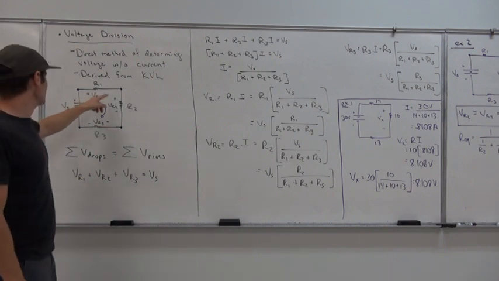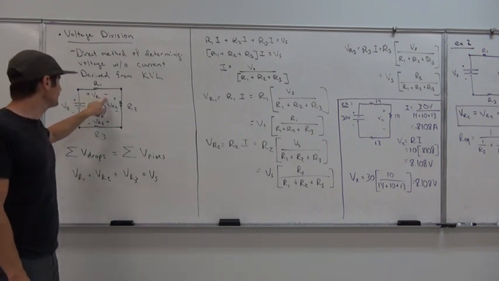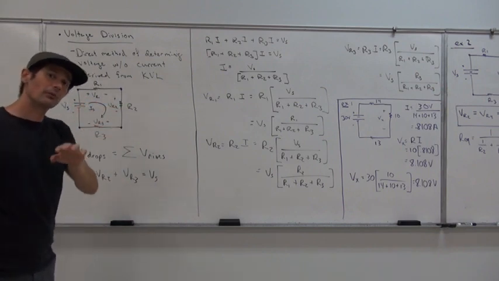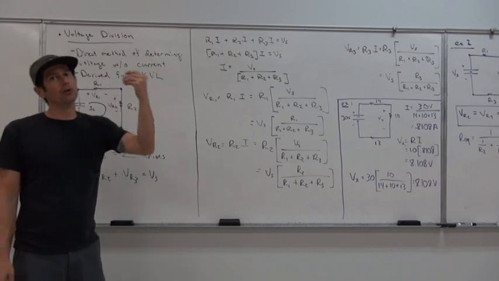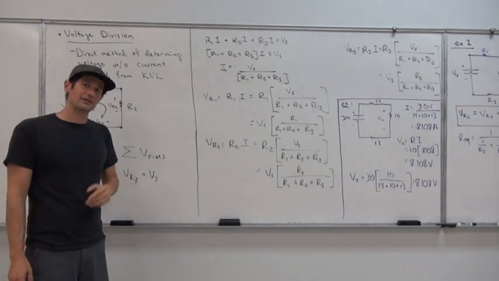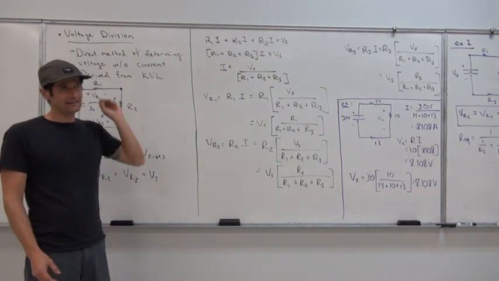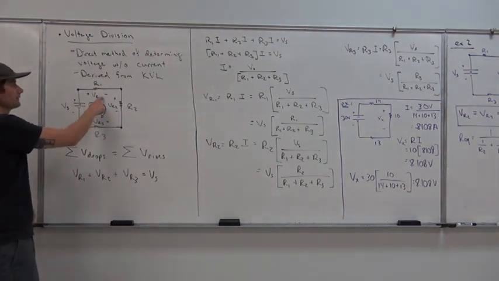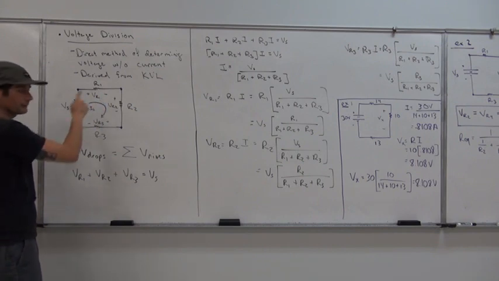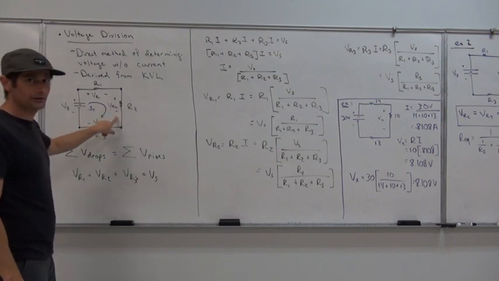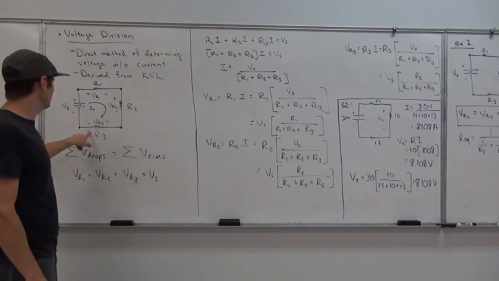Again, that's when we signify positive to negative, where the current moves from a higher potential to a lower potential. Remember, we say that because as that current moves through the resistor, it's losing energy. It's taking energy to get that current through that element. So positive to negative for the potential difference across R1, and then positive to negative for VR2, and positive to negative for VR3.